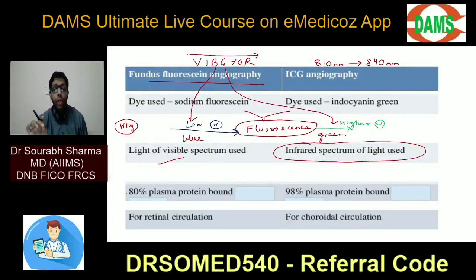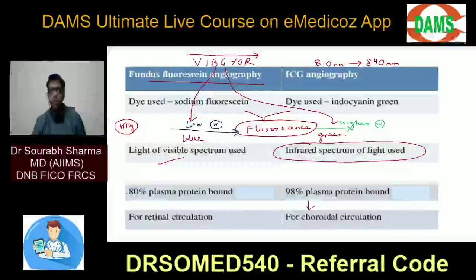If you want to see the choroidal circulation, which has the outer barrier, ICG, being 98% bound to protein, will not leave the choroidal circulation at all. So it becomes better for choroidal circulation, while fluorescein is better for retinal circulation.